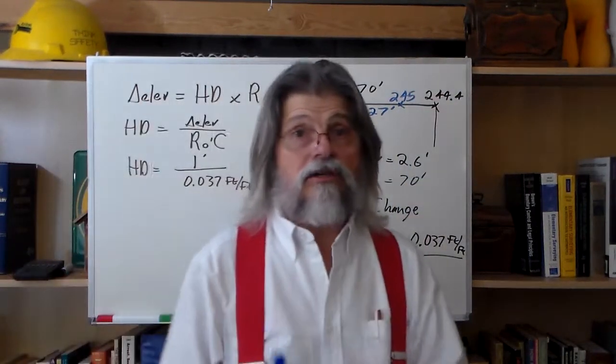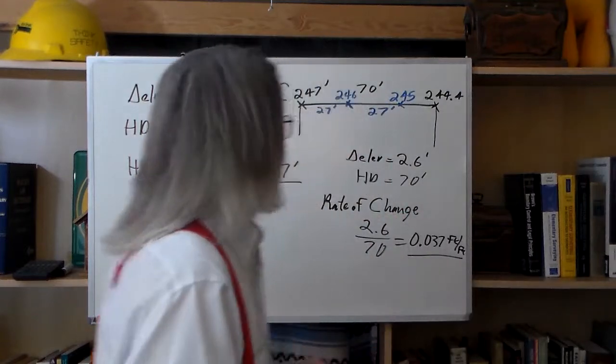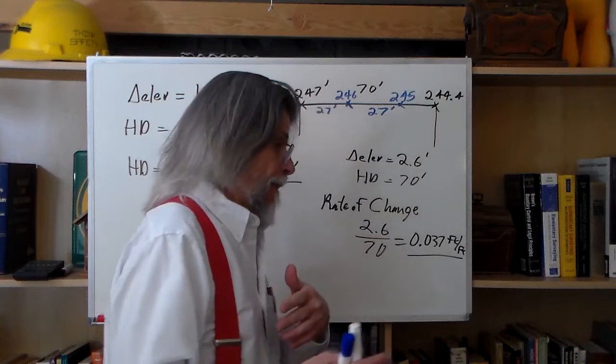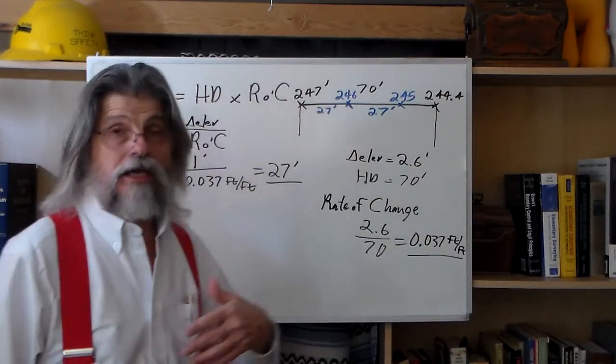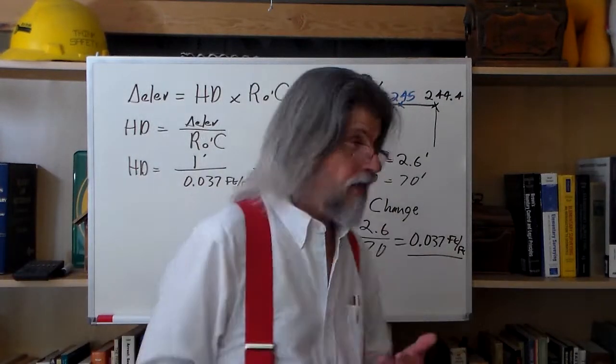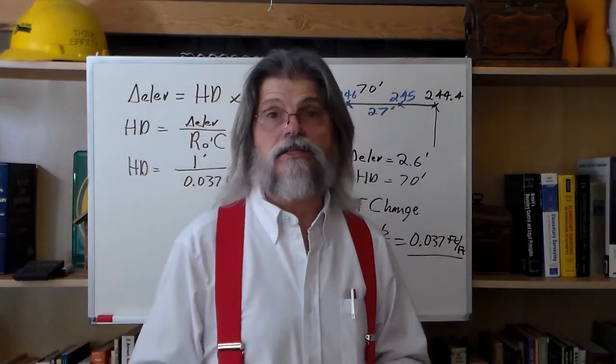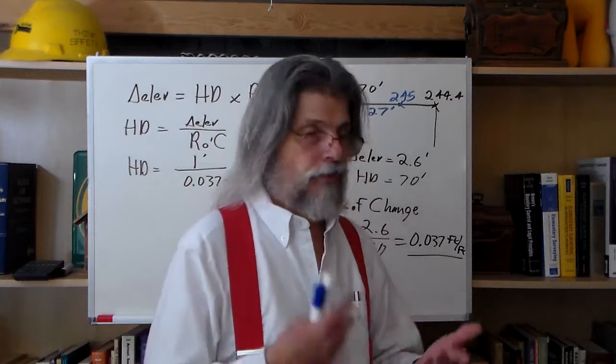Now, if we calculated right and we scaled right, we're kind of done. But like so much else in this business, you don't want to just run the numbers and let it slide. You want to check.